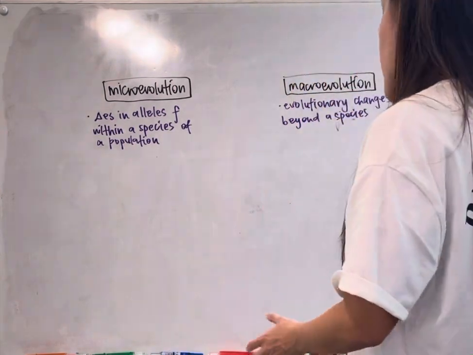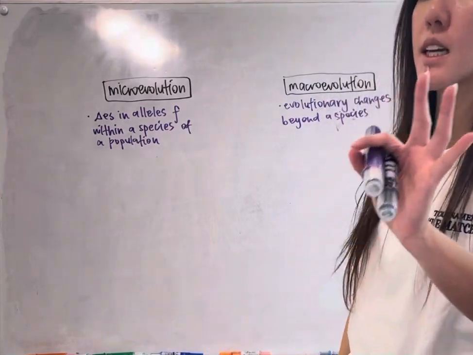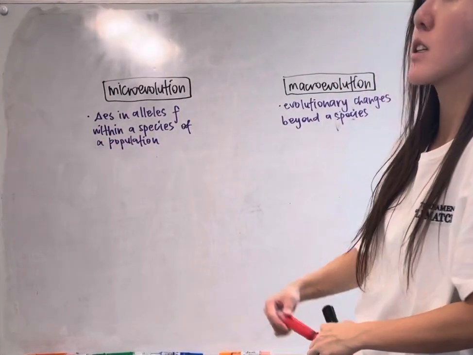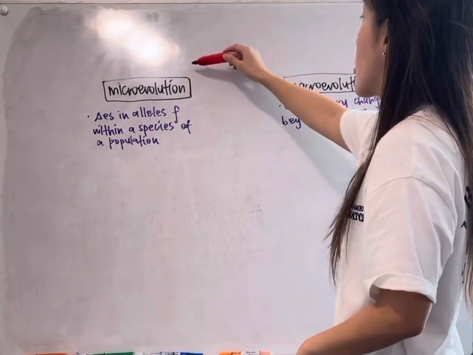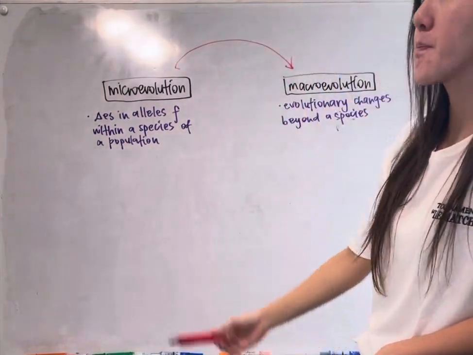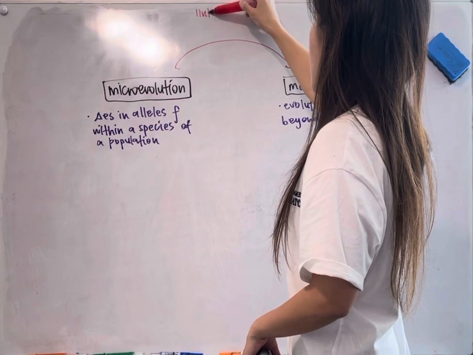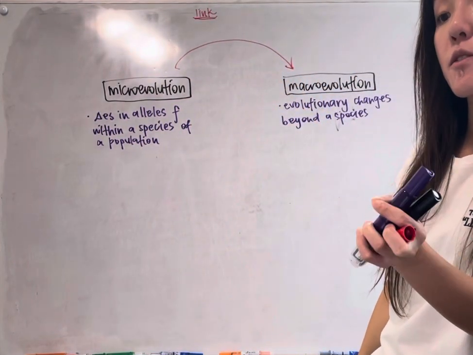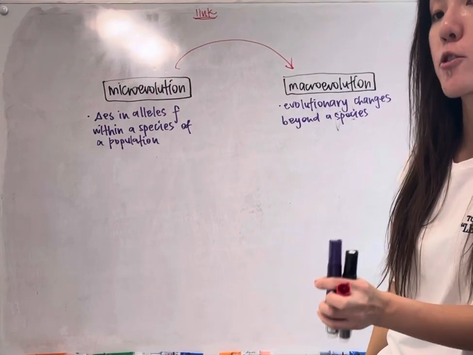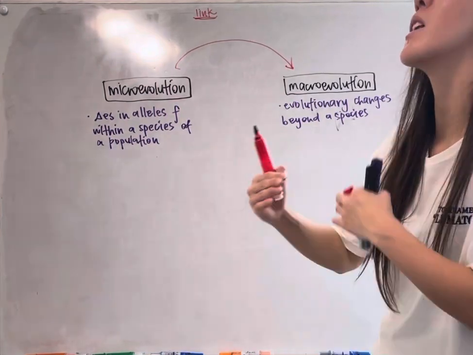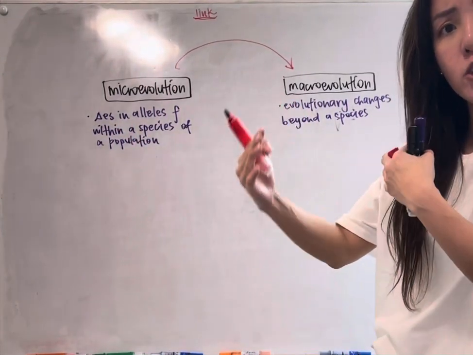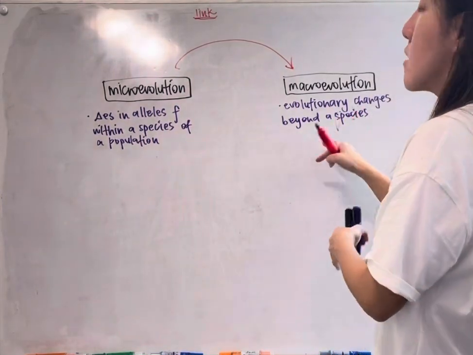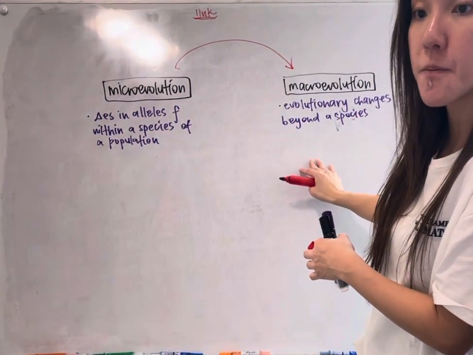Sometimes a question will ask you, what is the relationship or link between micro and macroevolution? I want you to take note: macroevolution is the consequence of the effects of accumulated microevolution events. That means you have many, many rounds of microevolution taking place over many generations, which results in speciation.